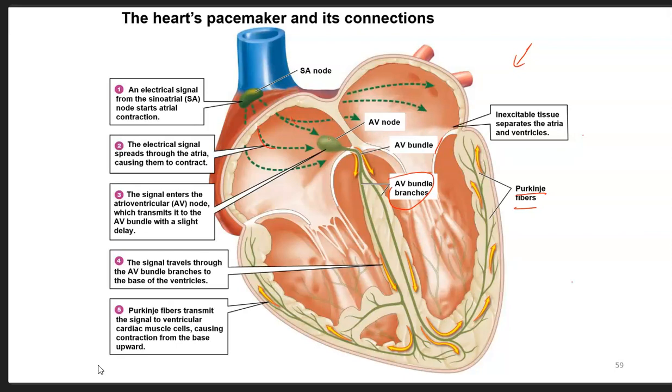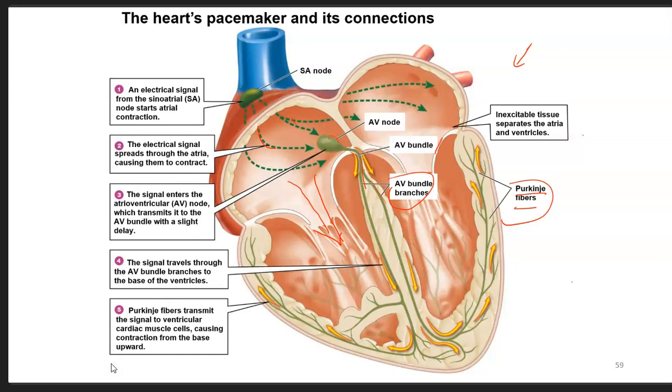There will be a slight delay at the AV node to make sure that the atrium finishes contracting and pushes all the blood into the ventricle. Then the impulse will travel through the bundle of His and then the bundle branches, and then to the apex of the heart, and then up to the Purkinje fibers surrounding the ventricular wall.